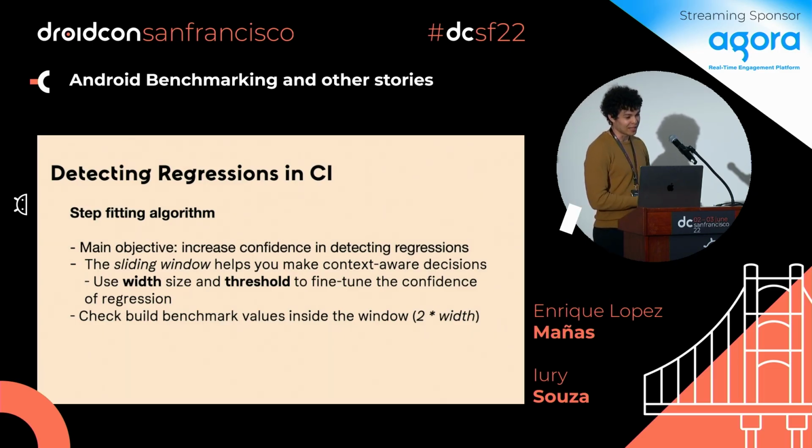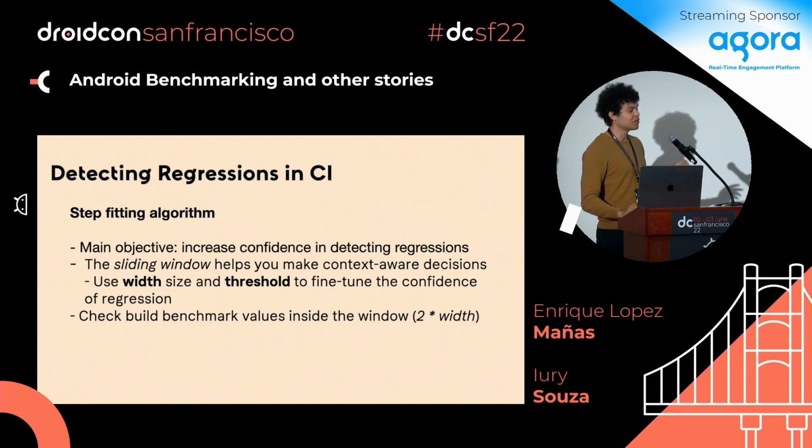So the main objective is to increase our confidence in detecting these regressions, right? So we're going to basically have a sliding window that's going to help you make context-aware decisions. And the context is coming from the window, right? So you're going to put a window on top of the data, and you're going to compare the build benchmark value with the average of the window.